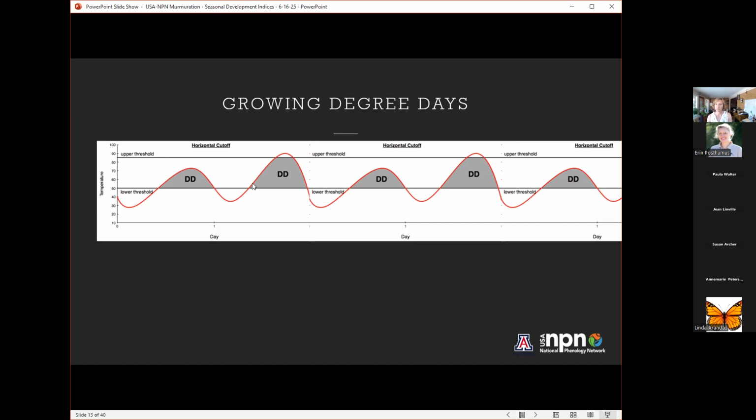They're basically keeping track of how much of that daily temperature curve was above whatever their base threshold is in each year.